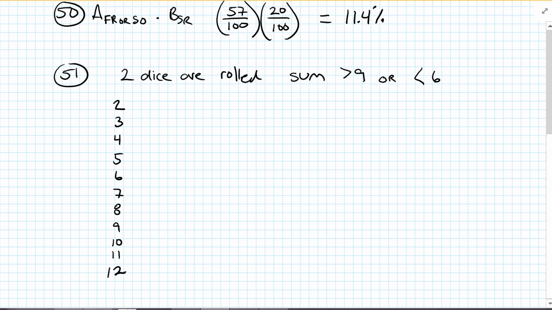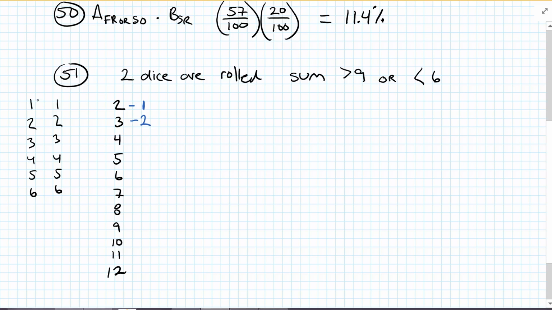So let's just look. I've got dice, right? And they've got 1, 2, 3, 4, 5, and a 6. So let's just number this up real quick. We'll do a little old school. How many ways can I get a 2? A 1 and a 1, that's the only way. How many ways can you get a 3? A 1 and a 2, or a 2 and a 1. So I can get a 3 2 different ways. How about a 4?